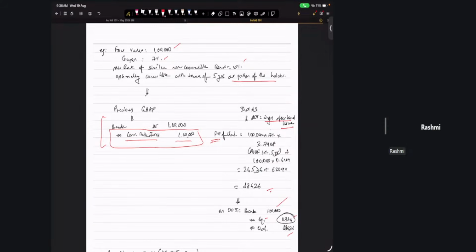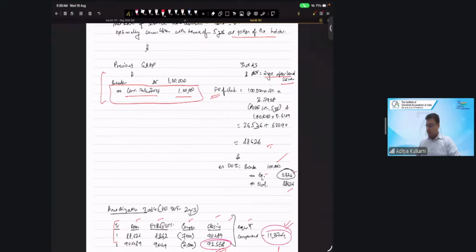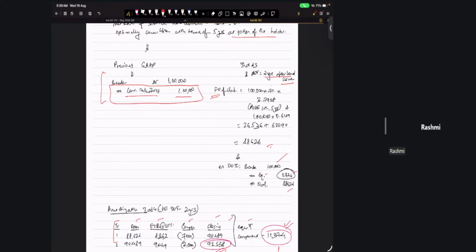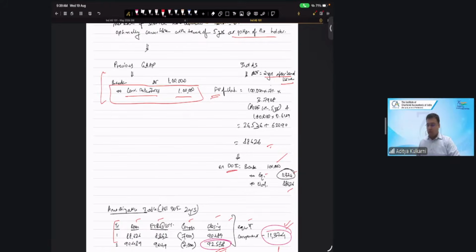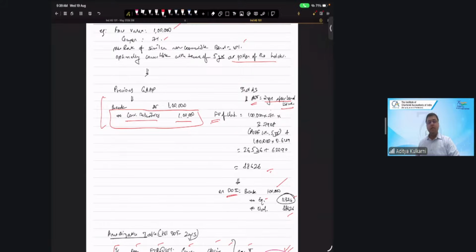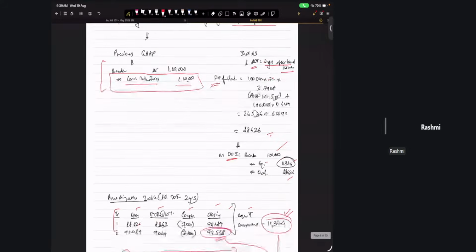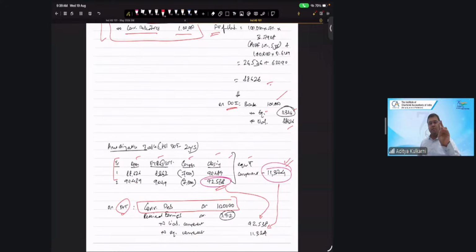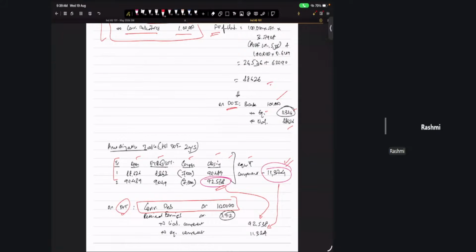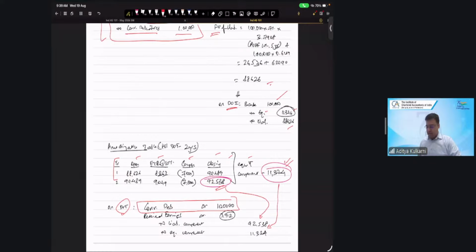So on the date of issue, the entry would be bank account debit 1 lakh, to liability, to equity. Equity would be the balance, 11,374. This is on the date of issue. I have to move towards transition. Transition happens 2 years later. So therefore, I will prepare an amortization table for 2 years. Opening 88,626, EIR 8,863 at 10%, coupon 7,000, closing balance 90,489.